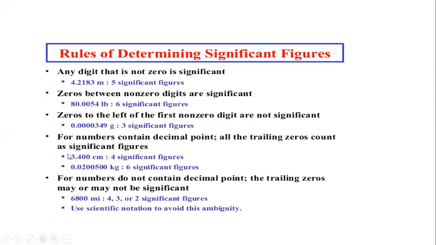Because before the decimal point there is a non-zero digit. In the previous example, before the decimal point we had the zero, so that's why we did not count these zeros in the significant figures. But in this case we have a non-zero digit before the decimal point, so we have 1, 2, 3, 4. We can count these zeros as well, so this term has four significant figures.